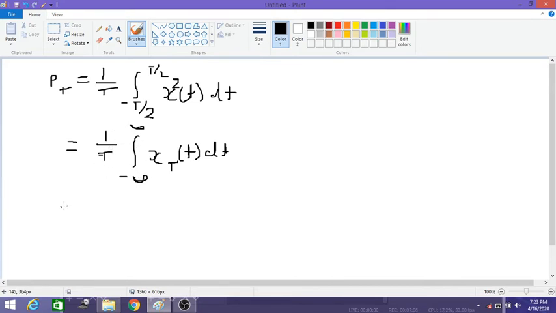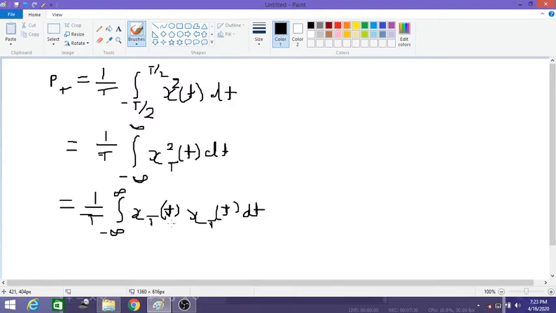Now I'll split these terms, that is x_T square of t. Then I'll get 1 by T into integral from minus infinity to plus infinity of x_T of t into one more term, x_T of t into dt.